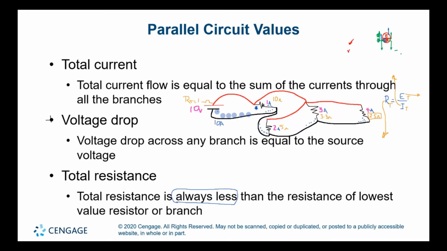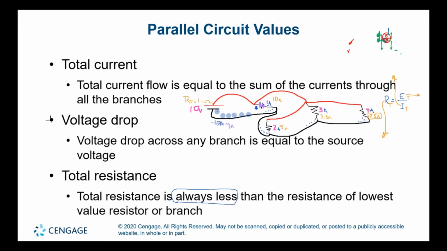So I told you before that we decided to shut down number 1. If we shut down number 1 completely, how many amps do I have now? 9, right? So that means that when I shut down my 10 ohm resistor, now I have less amps.